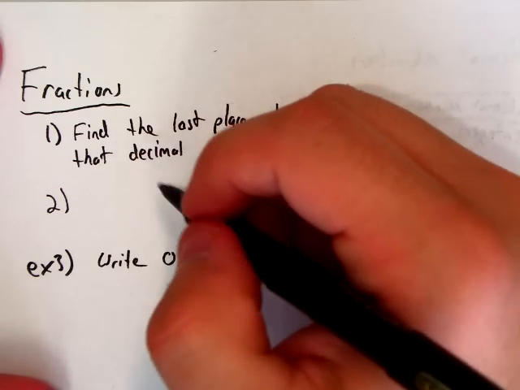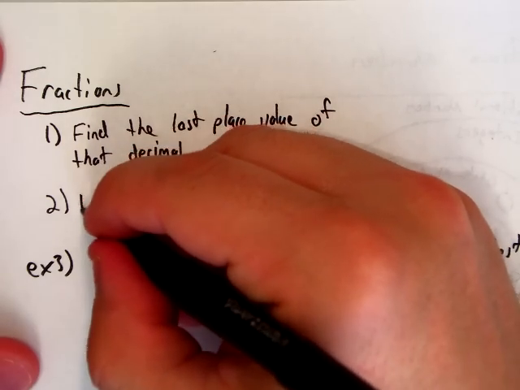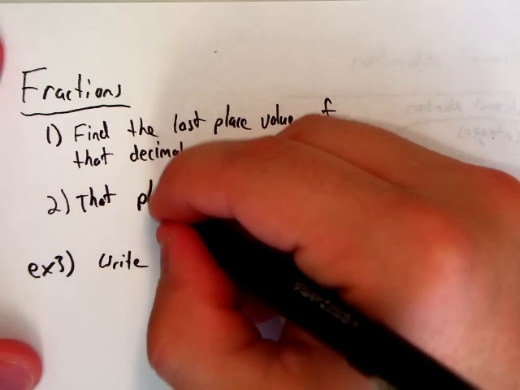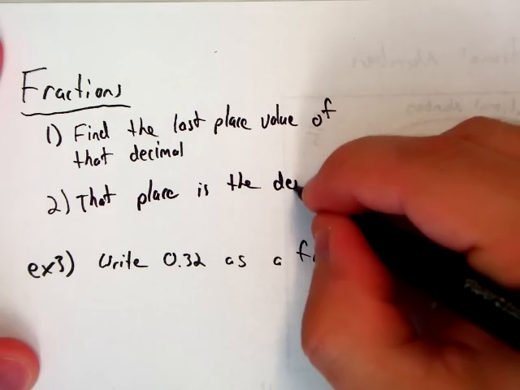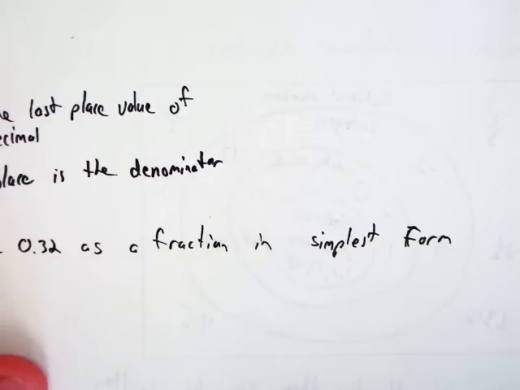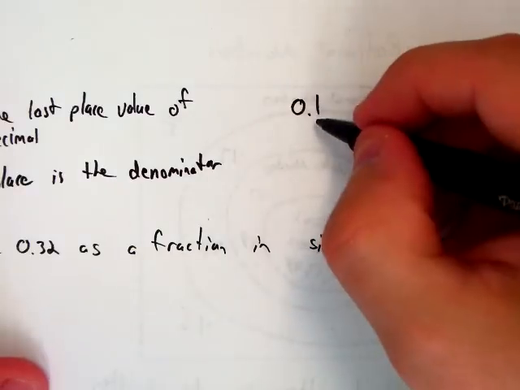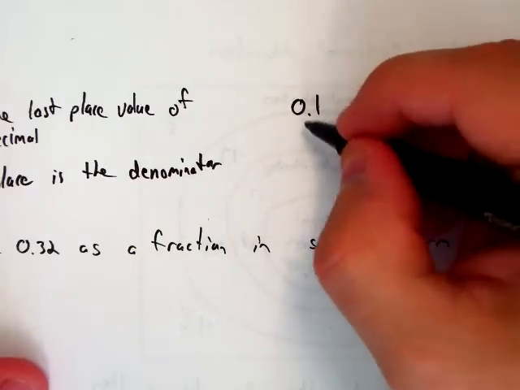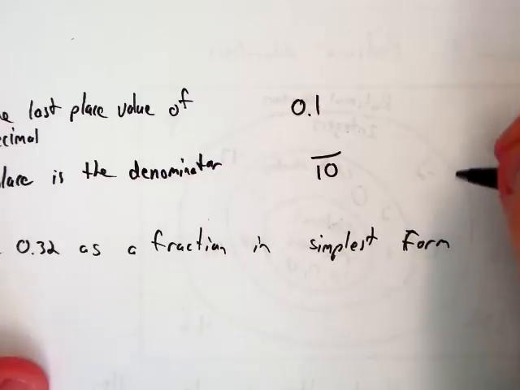And whatever place value that last number is in, that place is the denominator. For example, if I have 0.1, the last place value that this decimal has is the 10th place. So the denominator would be 10.